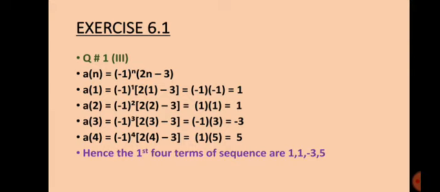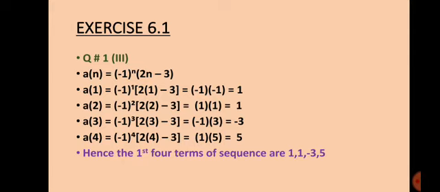So when we put n is equal to 1, we get minus 1 raised to power n, which is an odd number, so the negative sign will not be removed from here. And when we put 2 into 1 minus 3, the value will be minus 1.